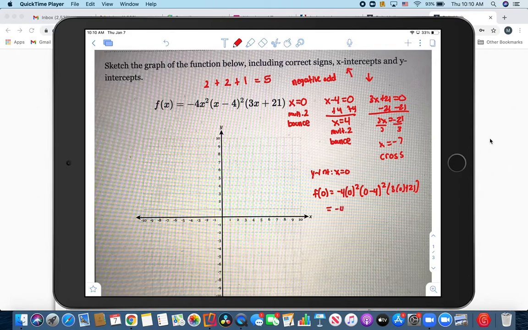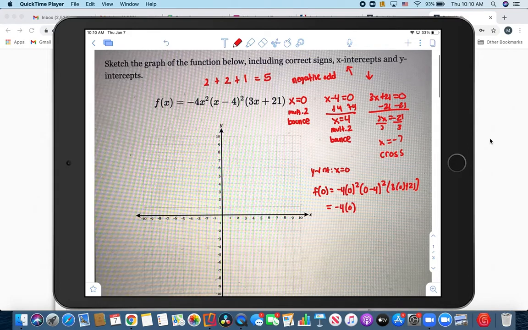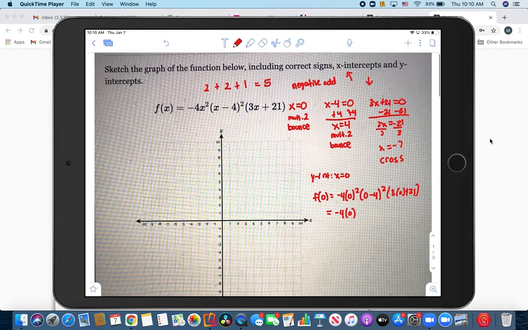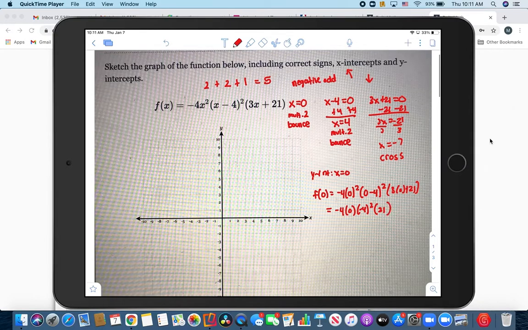So we're going to get -4 times 0 to the second, or 0 squared, you guys, it's just 0, times -4 to the second, times 21. But we know all of that's getting multiplied by 0, so all of this is just going to be 0. So our y-intercept is 0, 0.